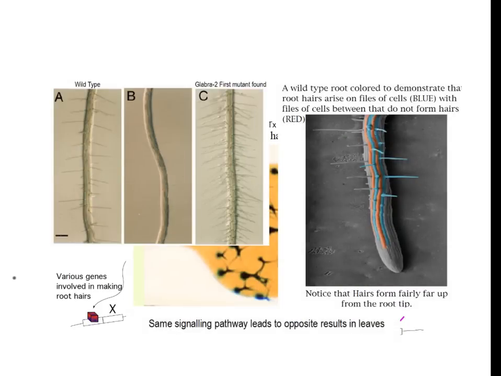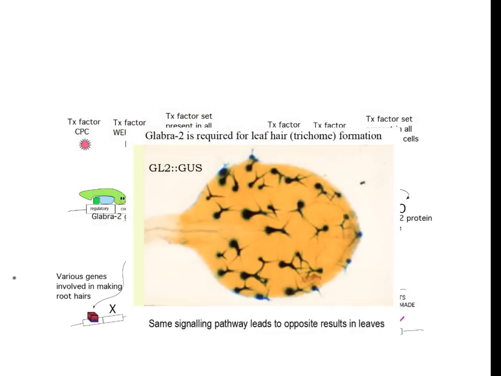Here is a picture of a leaf. This is a leaf with that same glabra2 Gus construct. You'll notice that the hairs, they're called trichomes in these leaves, these hairs all have Gus expression.